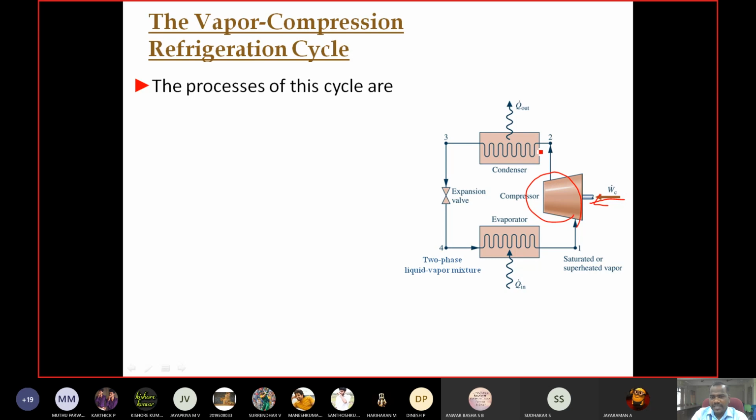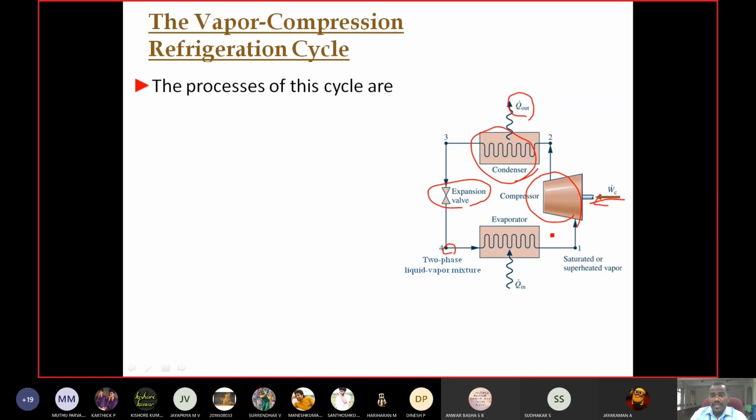Then in process 2 to 3 we have the condenser, where heat transfer, Q out, happens. Then in this expansion valve we get high pressure to low pressure wet vapor. At state 4 there is a two-phase liquid vapor mixture. This mixture is then subjected to the evaporator, and we get saturated or superheated vapor.